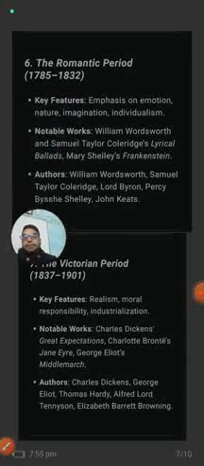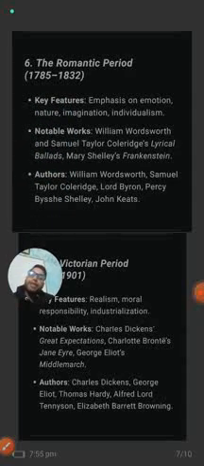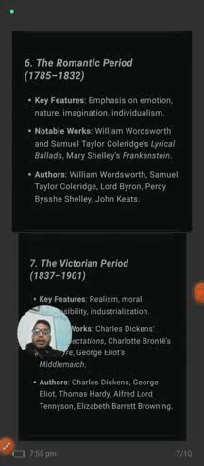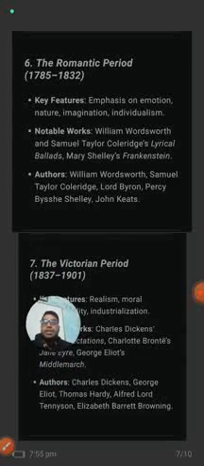Now we find the Romantic period. What was the Romantic period? The Romantic period starts with the date 1785 and runs to 1832, but we see somewhere other dates are also mentioned, 1798 to 1837.